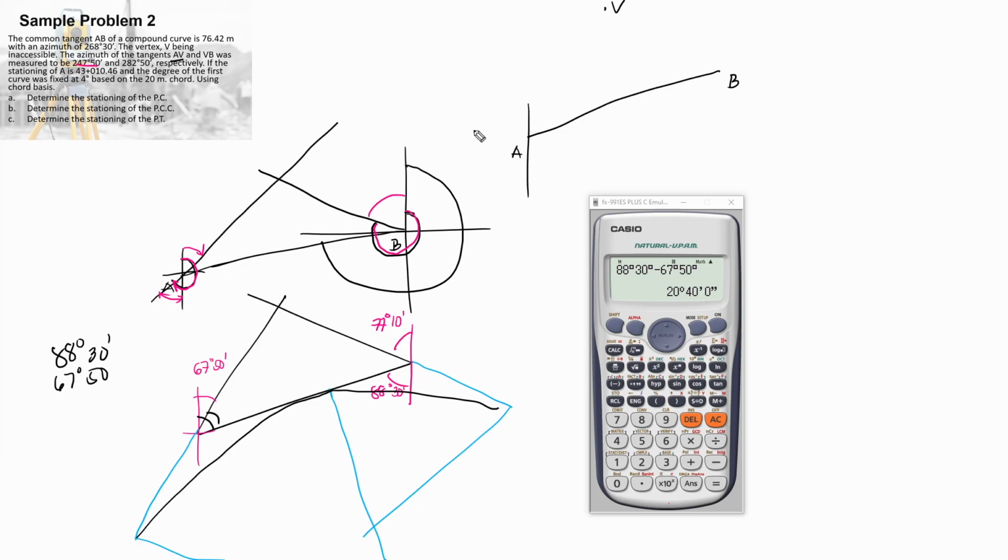From here, nag-line ulit ako ng 247, parang hanggang dito lang siya, assumption lang para makapunta doon. Ito yung line na yon. In-extend ko lang siya papunta doon, in-assume ko nandito si V. Not necessarily na magtama siya kasi assumption lang naman.